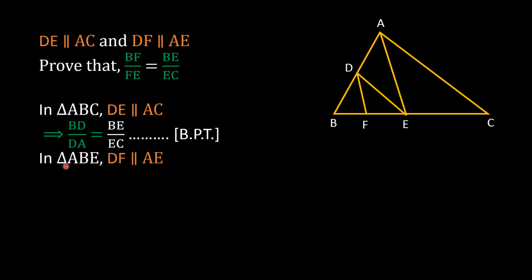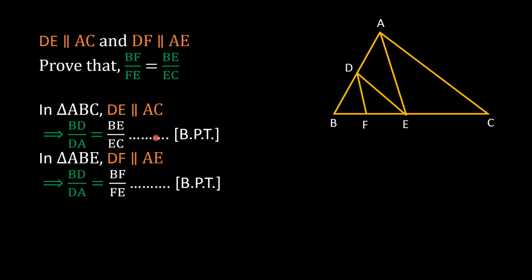And in triangle ABE, the small triangle, DF is parallel to AE. So, by applying the basic proportionality theorem, we can write BD divided by DA equals BF divided by FE.